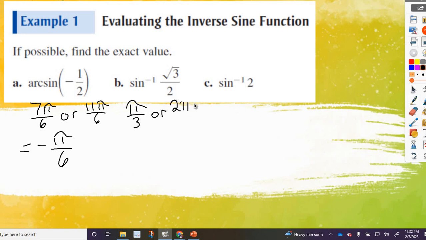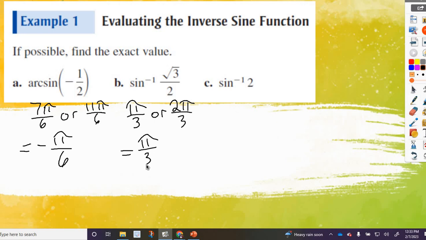Two pi over 3? But pi over 3 is the only one of those that is before pi over 2. So that would be right. Yes? So again, some of us might need to review our unit circle a little bit. We're still not remembering those.